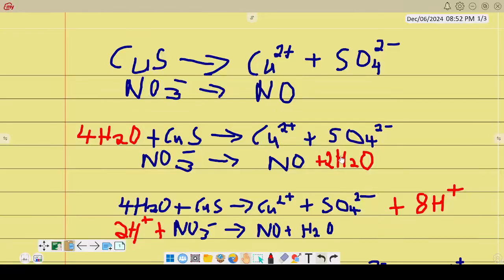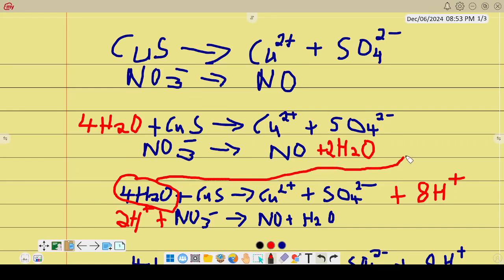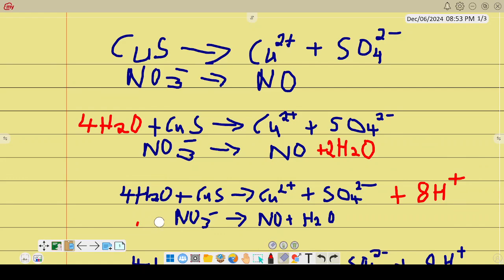Okay, so we can take it up again. We are balancing hydrogen ions. So on top we said hydrogen here, it's 8. No wonder we have put 8 hydrogen ions here, because we have 4 water molecules. Okay, and then we come down here. So this was supposed to be 2 water molecules.